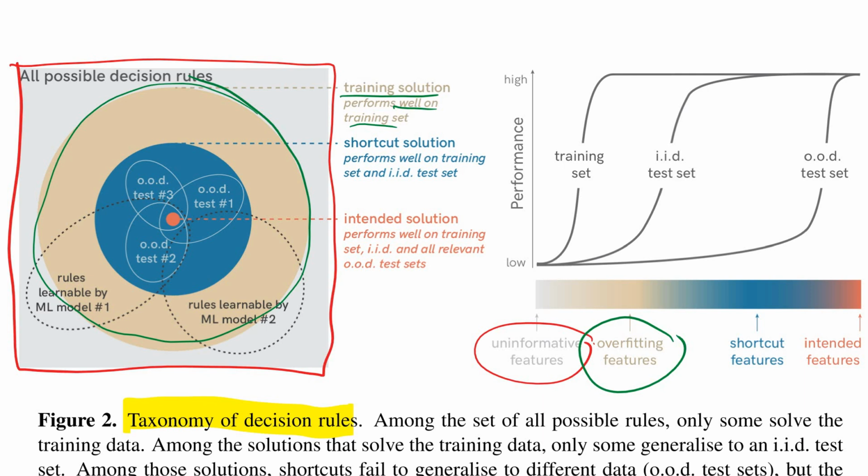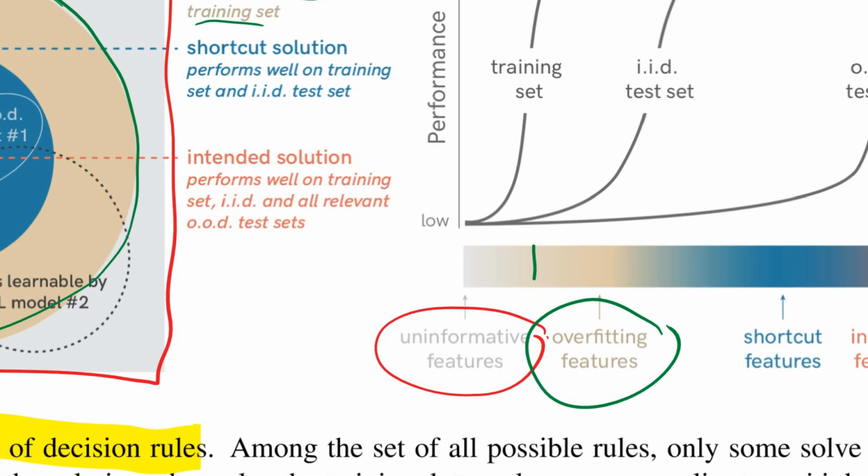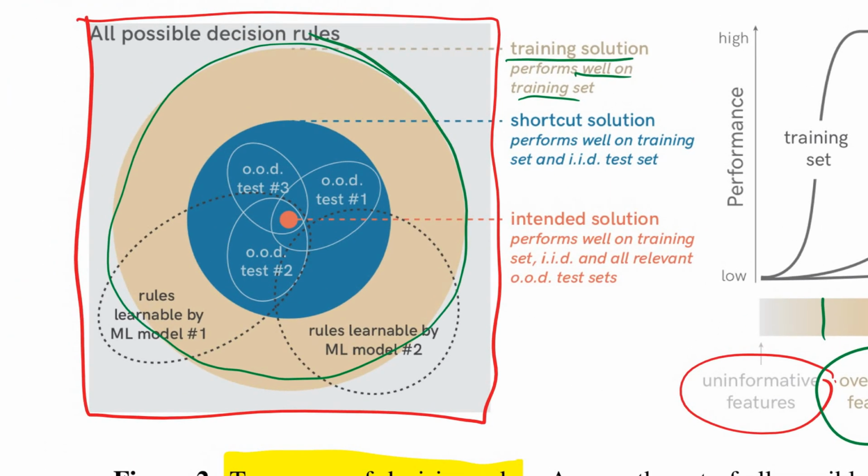But to me, it's a bit unclear. I think they only call this band the overfitting features, but they call the entire circle the all possible training solutions. In any case, there are decision rules that perform well on the training set, but some of them are overfitting, as you know that problem, right?